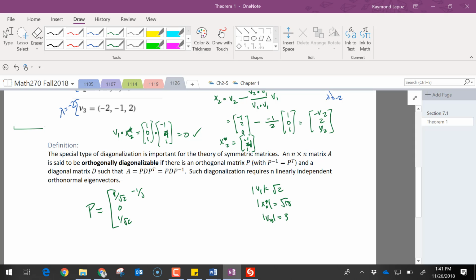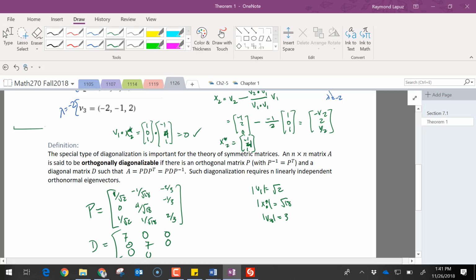So -1 over √18, 4 over square root of 18. Oh, that's like 2 times 9. Anyways, I'll just keep it as square root of 18. 1 over √18. And then the last one is going to be divided by 3. So -2/3, -1/3, and 2/3. With your diagonal matrix of 7, 7, -2.